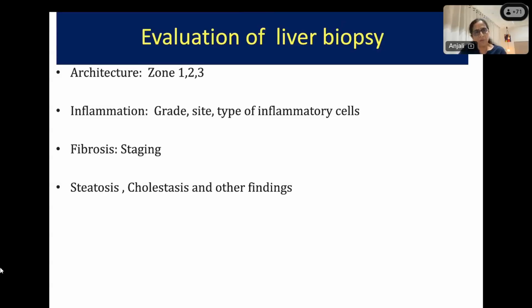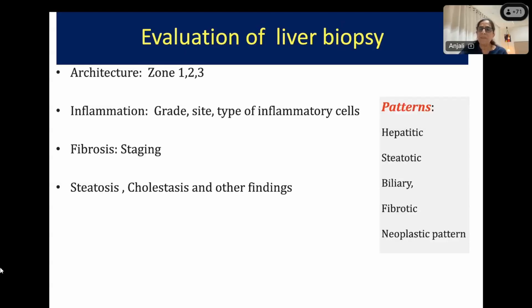Coming to fibrosis, I will deal with it very soon in details. And then if steatosis is present, cholestasis is present, or any other findings, we have to mention while evaluating liver biopsy. And then while evaluating all these things, we determine the pattern.